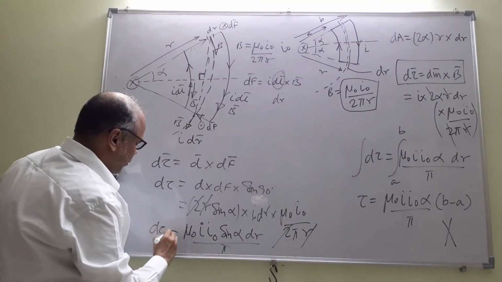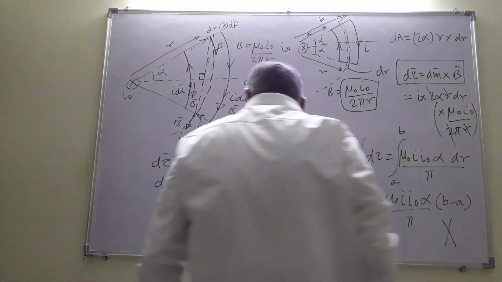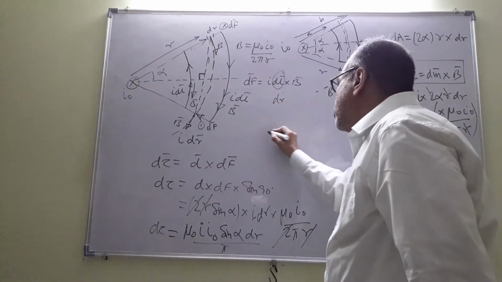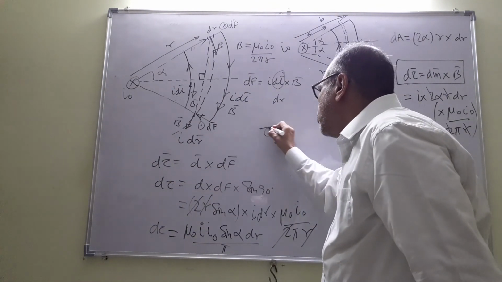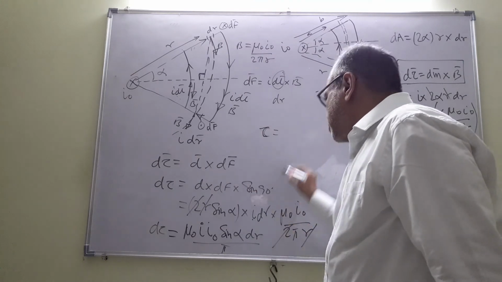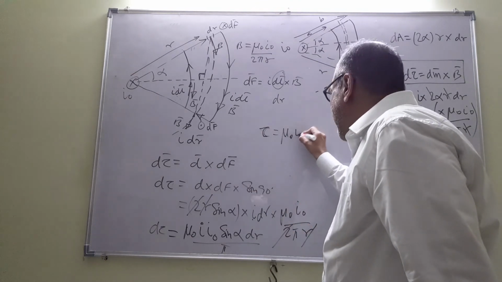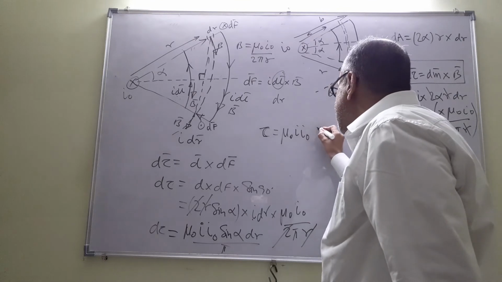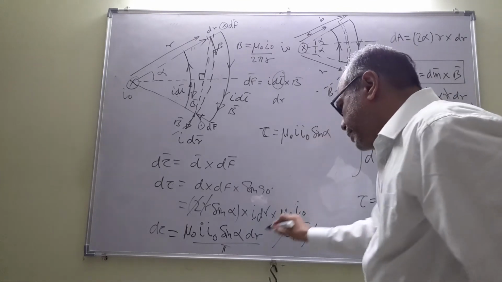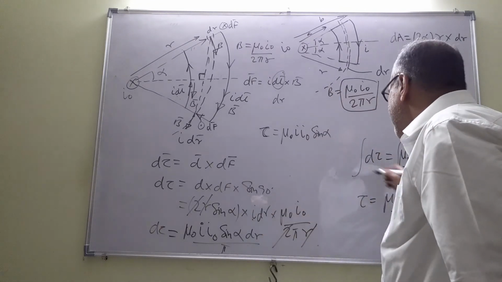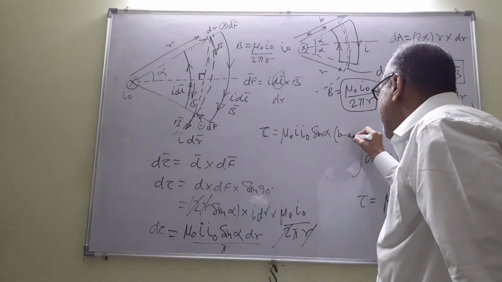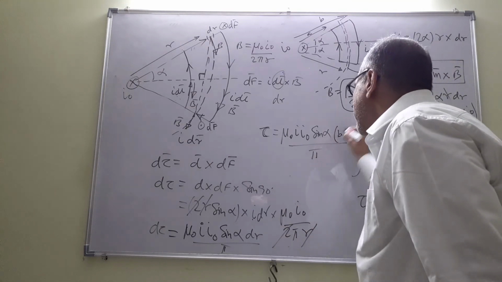That is your dτ. If you integrate that, you get τ as mu naught I naught I sine alpha. Integral dr is r, limits from a to b. You will have b minus a by pi.